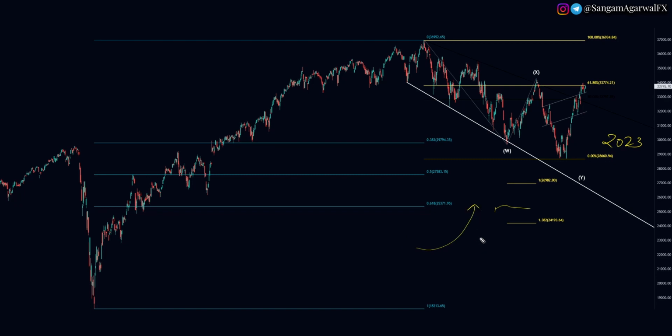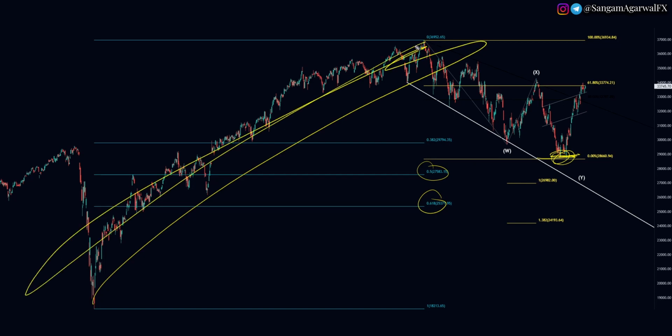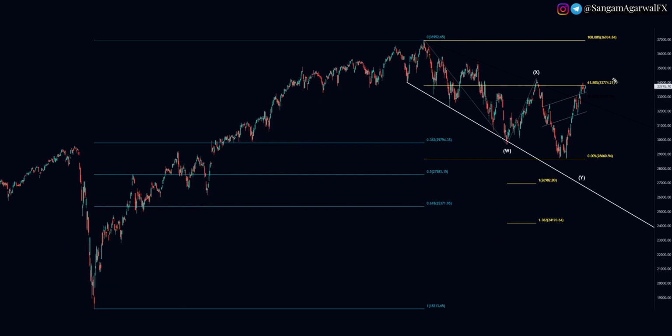So they are saying before December FOMC meeting, and if they show 7% in their economic projection, then it will drop instantly and will make a new low. The first target will be this previous low at 28.66, then 50 and 61% retracement level of this complete trend, and 100 and 138 projection for this wave Y.